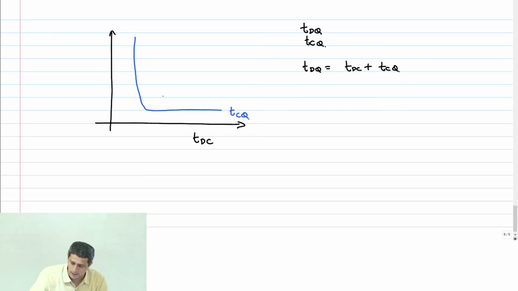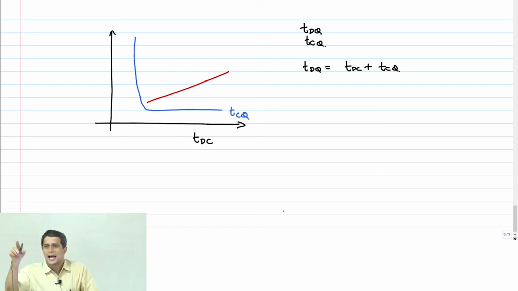Therefore, it's going to be a thing like this. So as I bring my TDC, my data change, closer and closer to the clock edge, my TDQ actually is coming down.